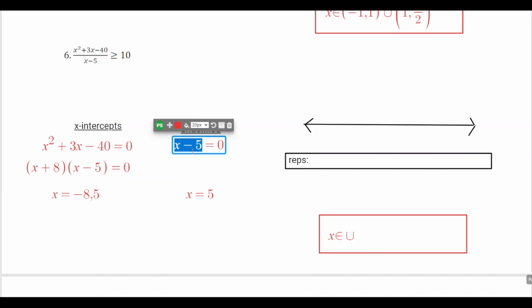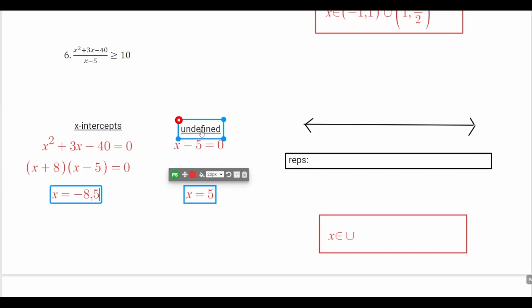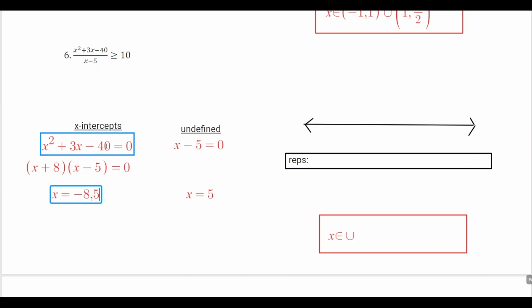But for now, all you need to know is that when you have a value in both of these lists, the one that is going to override the other is that it's going to be undefined, okay? So if you get a factor in both the numerator and the denominator that are the same, that x value is actually going to make it undefined, and you will not have an x-intercept there. It's almost like an extraneous solution here. So I'm going to cross that out of my x-intercept lists. It is going to be undefined there.